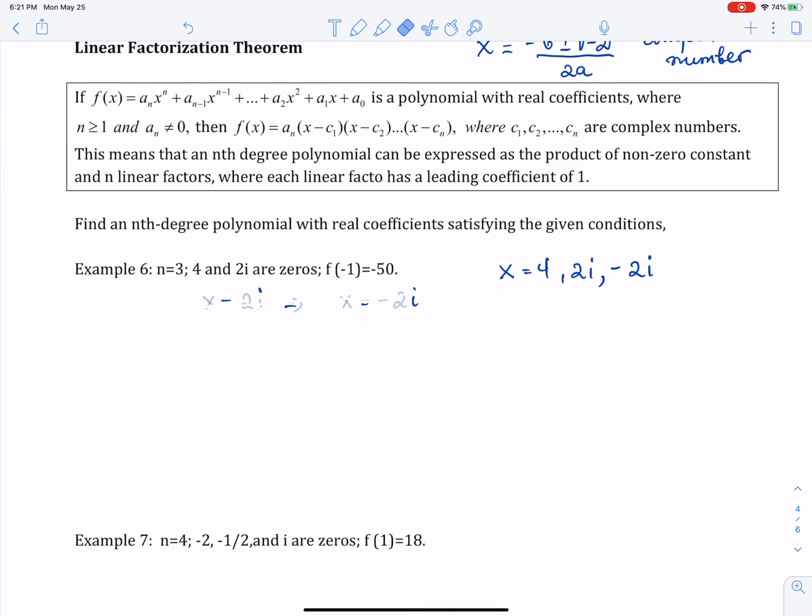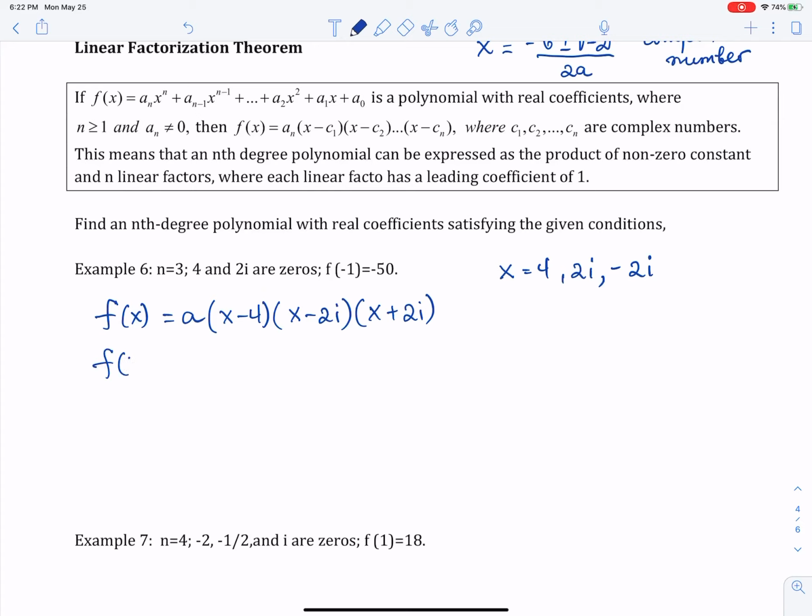So what does this mean for this polynomial? Well, the polynomial is going to look like some number, I can't claim what this number is exactly, but this number times x minus 4 must be a factor since 4 is a 0. x minus 2i must be a factor since 2i is a 0. And x plus 2i must be a factor since minus 2i is a 0.